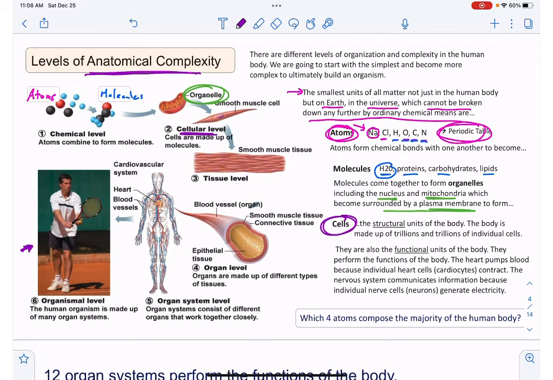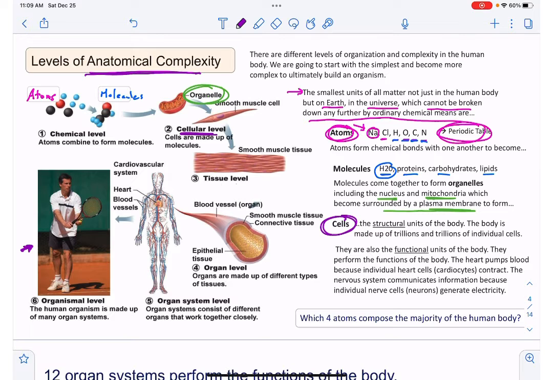The cellular level is important for a number of reasons. One, these are the structural units of the body. The body is made up of trillions and trillions of individual cells. Cells are also the functional units of the body. Ultimately, the functions of the body occur at the cellular level. The heart contracts because individual cardiocytes, individual heart cells, contract.